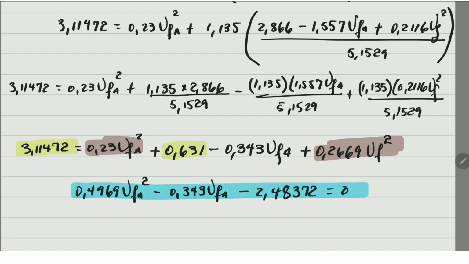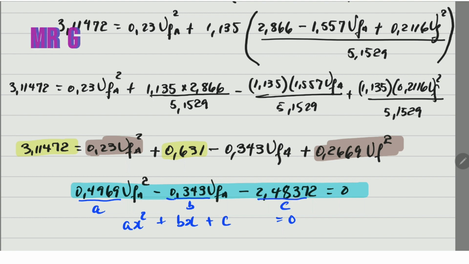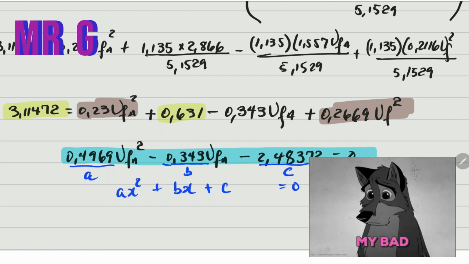This quadratic equation has the form ax squared minus or plus bx plus c equal to 0, in which this number here will be a, this one here will be b with the minus at the front, and this one here will be c. This is simple maths, and it was done before in quadratic equations, so we're going to apply now the quadratic formula.